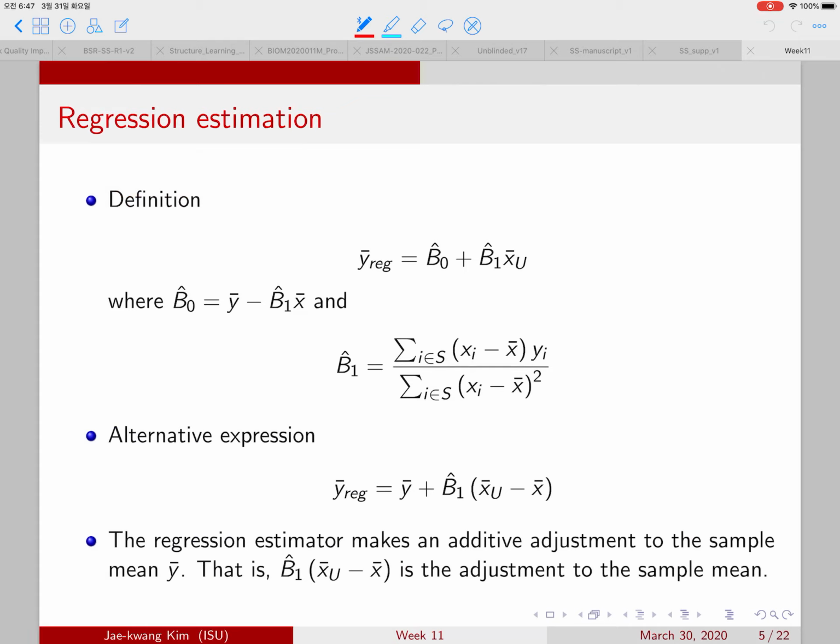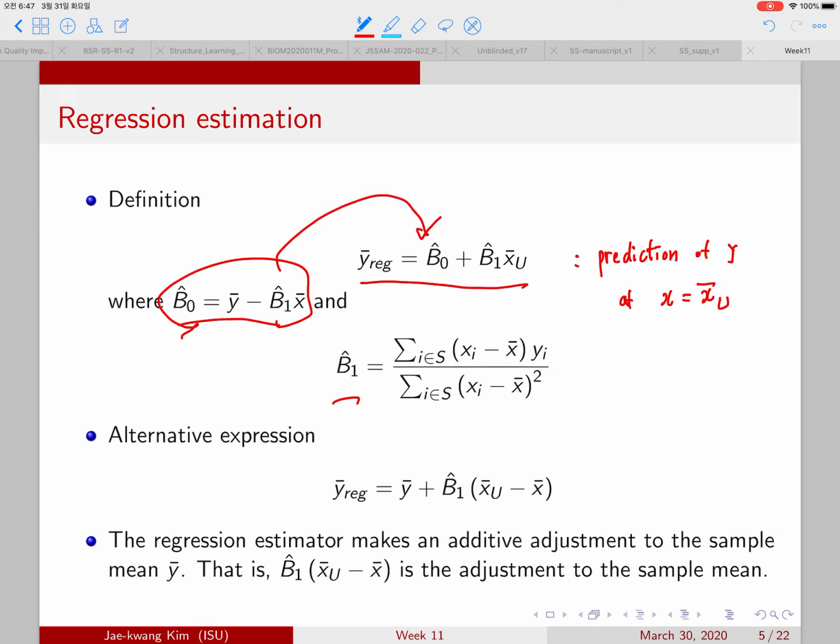Now, the formal definition of the regression estimator is this. It is basically a prediction of y at x equal to the population mean of x using the regression model, with the sample version estimator of the regression coefficient. If you plug this in, it becomes y bar plus b hat 1 times (x bar u minus x bar).